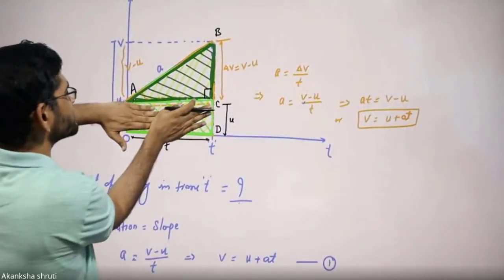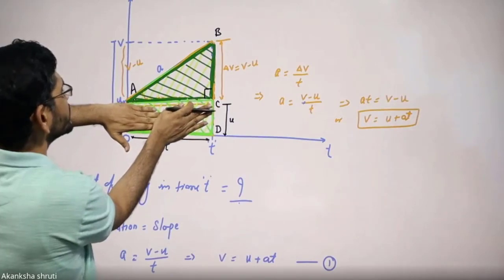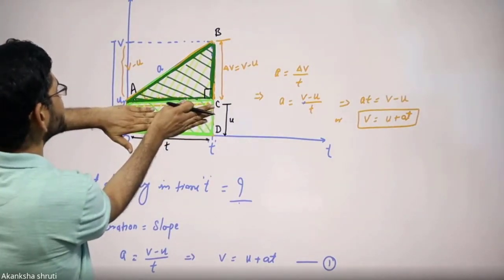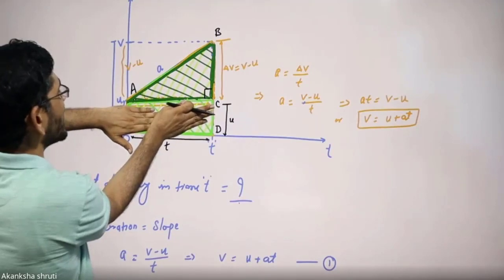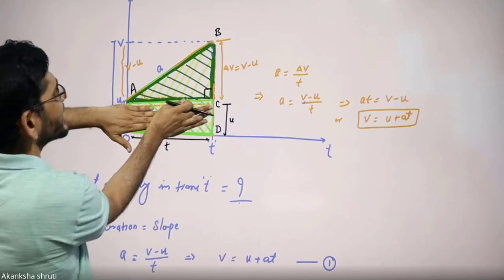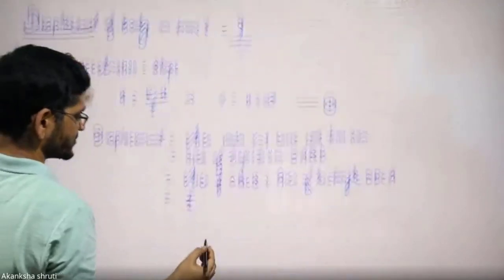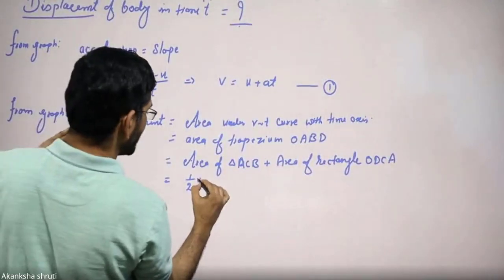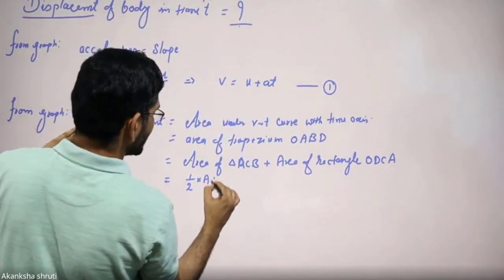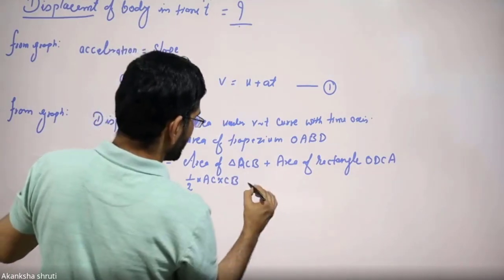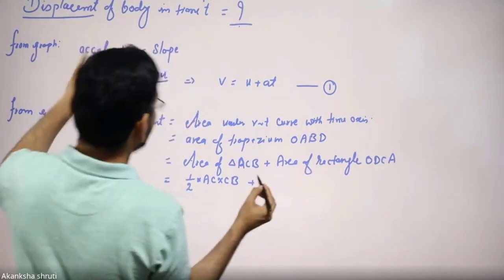Students, forget this part for a moment. You are looking at the triangle. So its area is given by base into height by 2. So the base is AC and the height is CB. This is 90 degrees. So it is half into AC into CB plus the area of the rectangle.